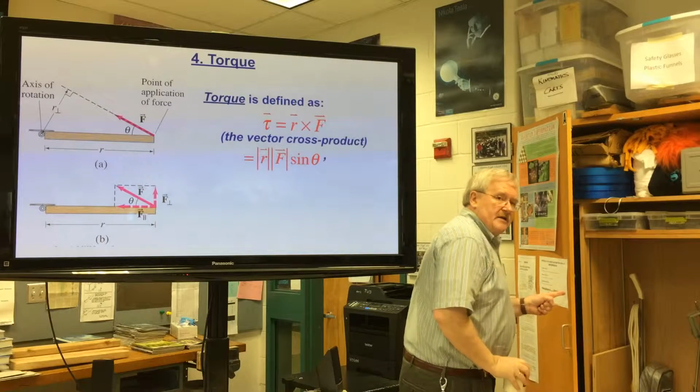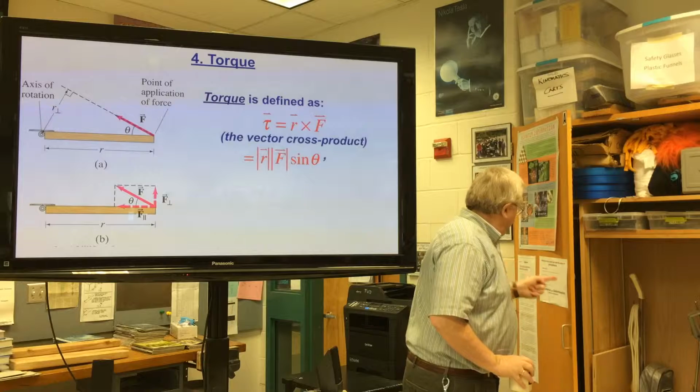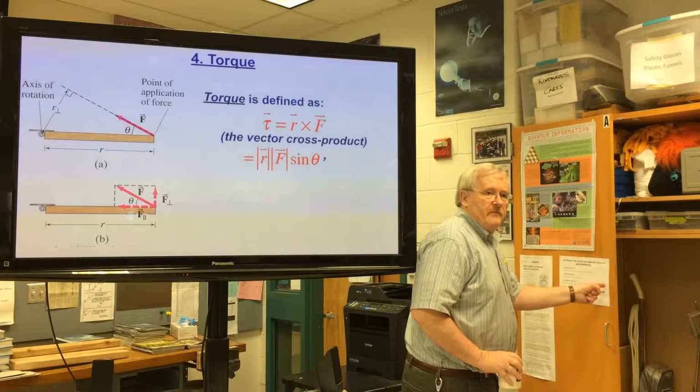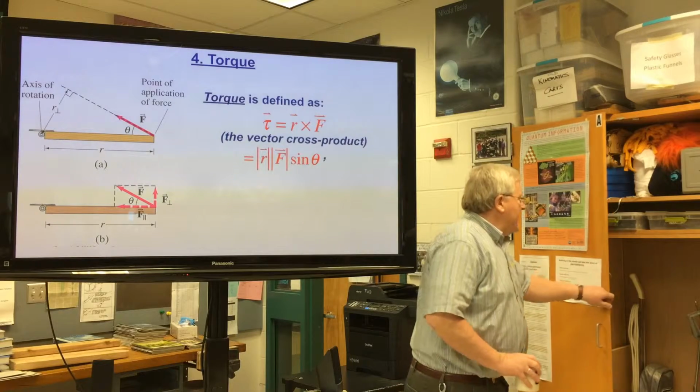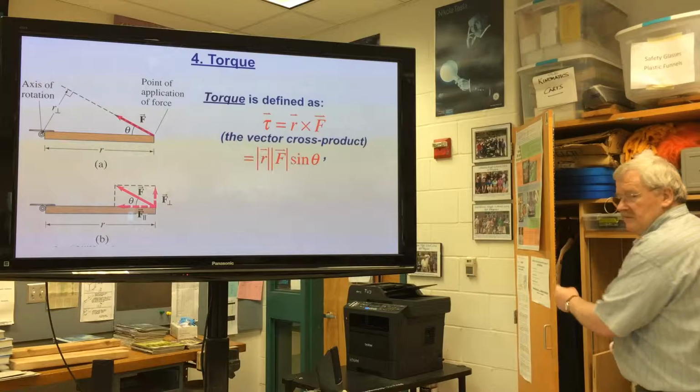If I push against this at 90 degrees to the lever arm being that, the door shuts, right? Whereas nothing would happen if I tried to apply the same force parallel.